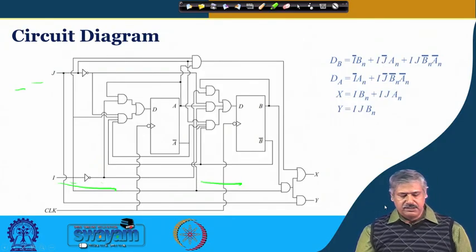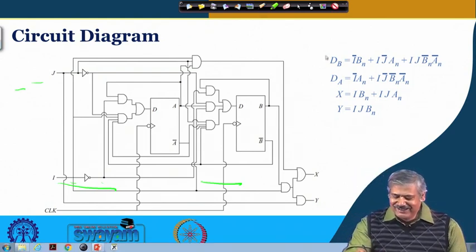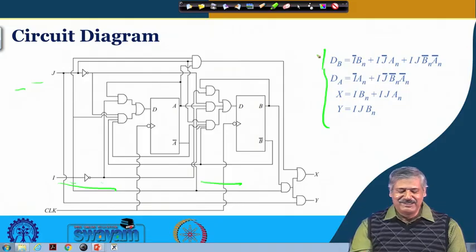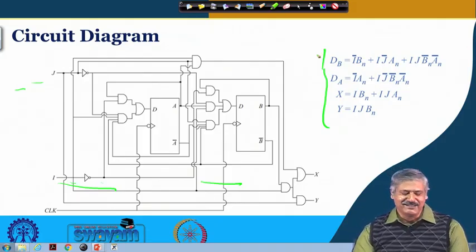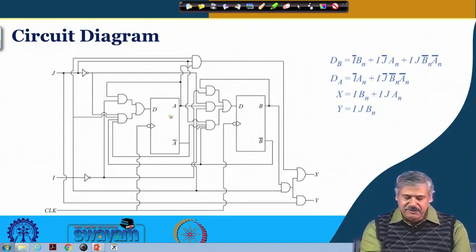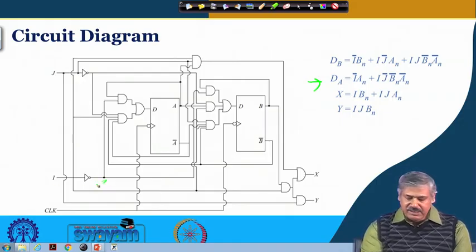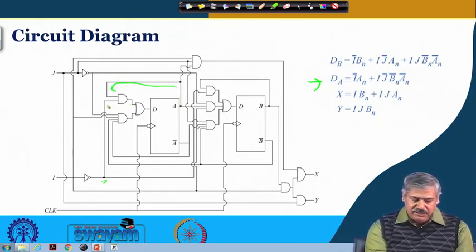So once we get these equations, next is putting them into the circuit, that we all know how it is to be done. If you just take one of them as the example, so this is your A flip-flop, right. DA, if we look at the DA, this is I and this is I bar, and then this is your A. So this A is coming back over here and this is I bar.